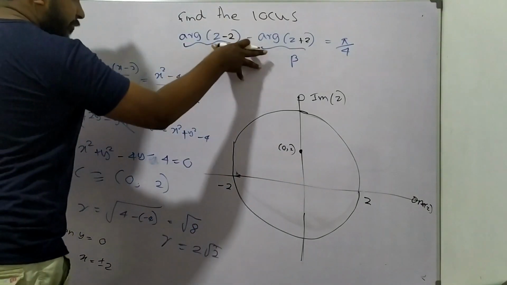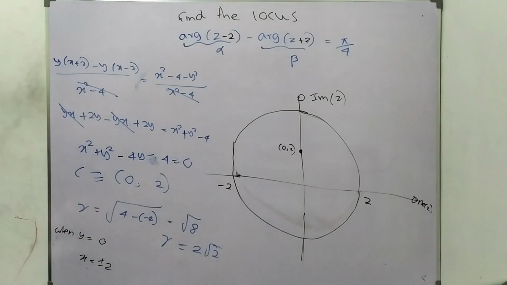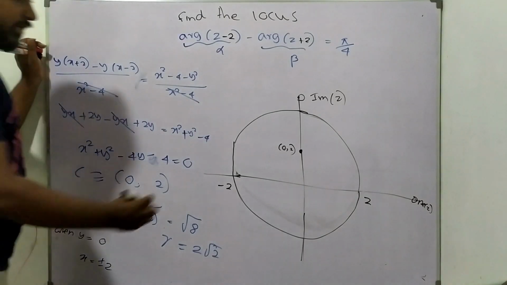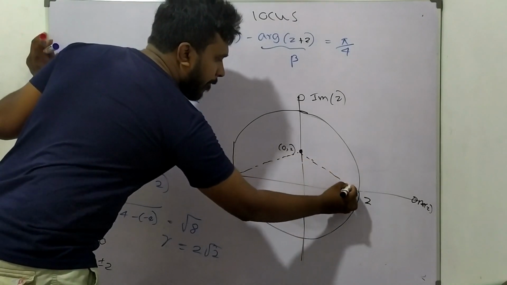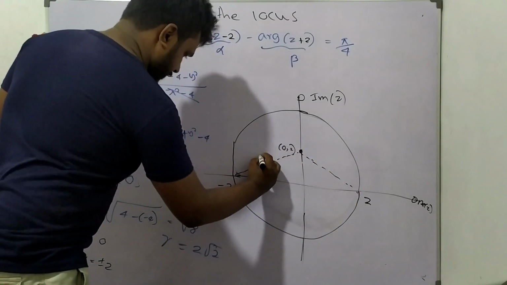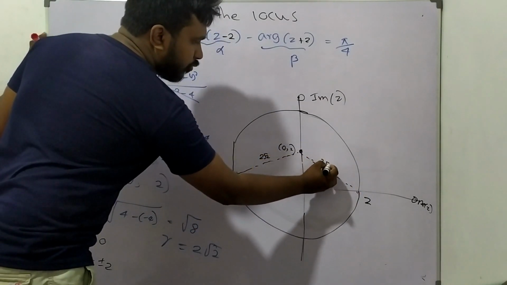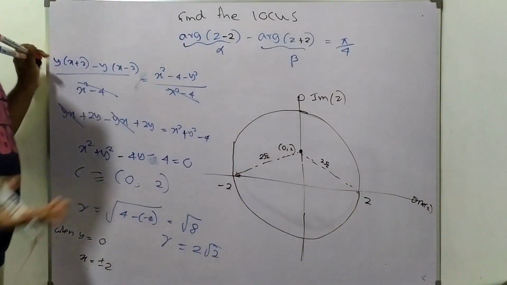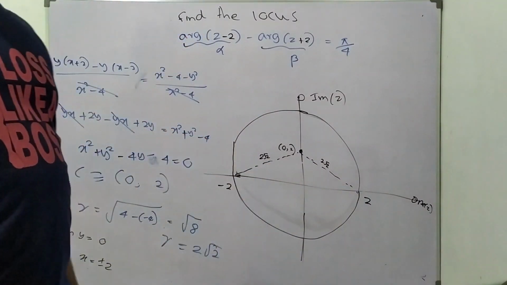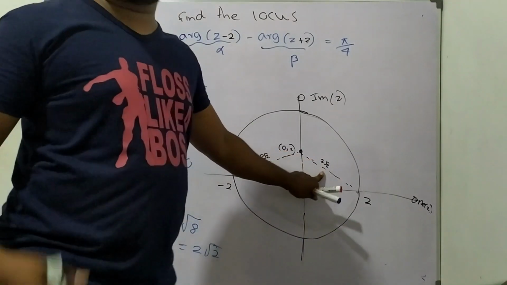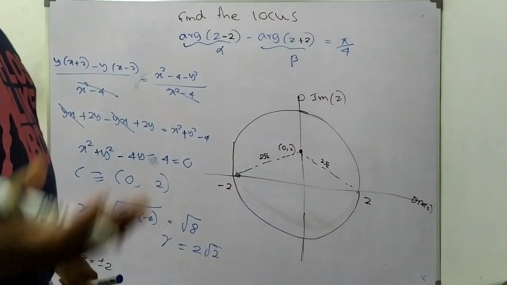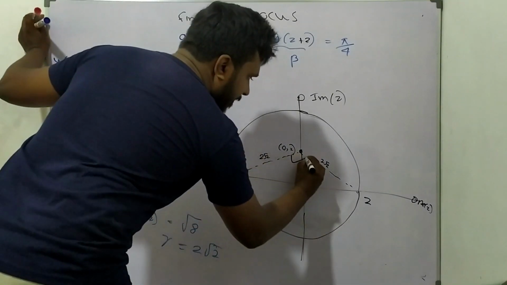But we need this part. So then here again this circle, it's 2 root 2, 2 root 2. So this is 4. 2 root 2 squared is 8. 8 plus 8 is 16. Therefore this is 90 degrees, right?